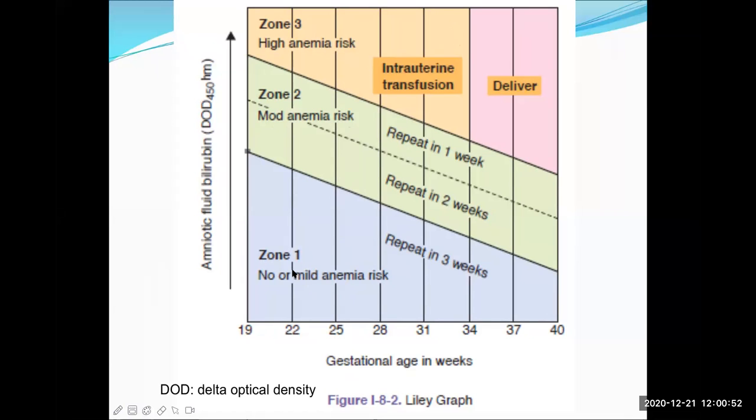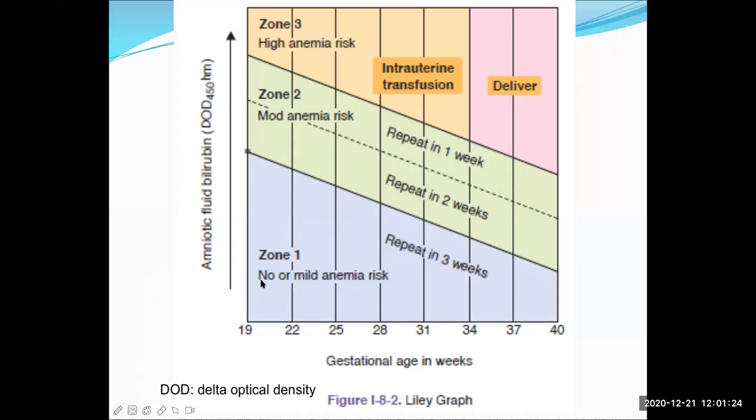This is done by plotting the amniotic fluid bilirubin on the y-axis and gestational age in weeks on the x-axis. So you have to do amniocentesis and measure the amount of bilirubin there. This is the unit of that measurement, called delta optical density.